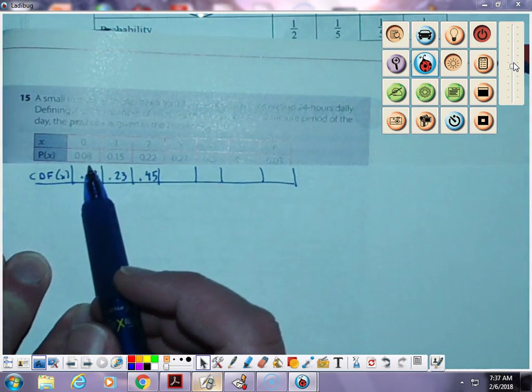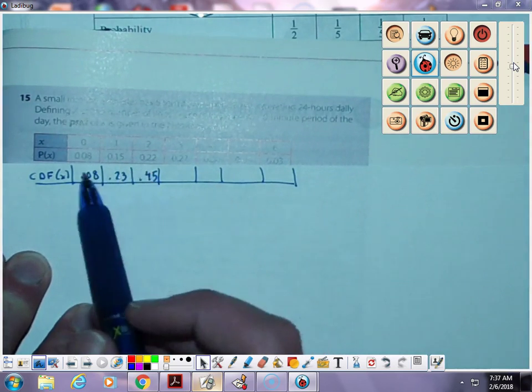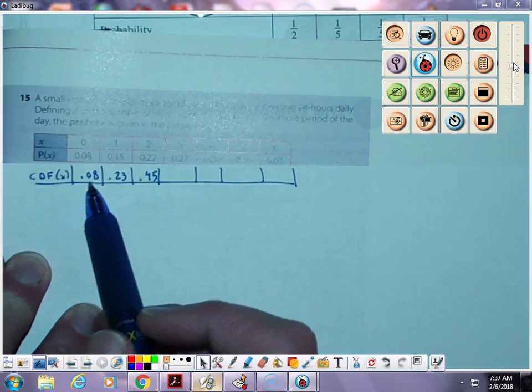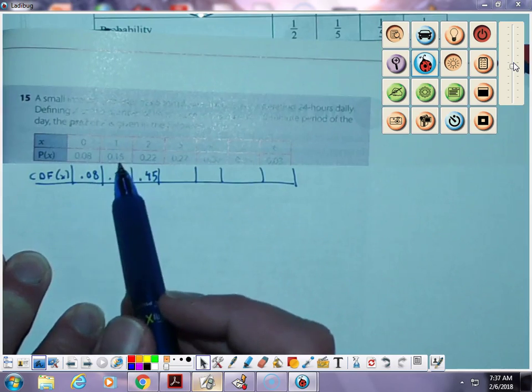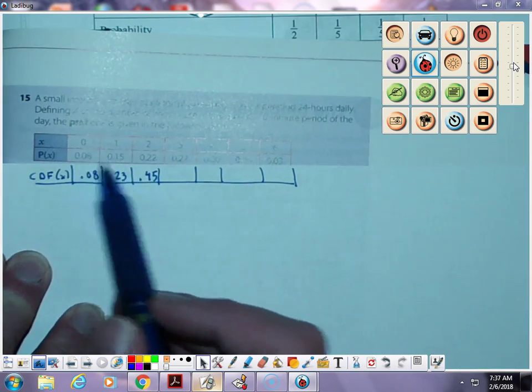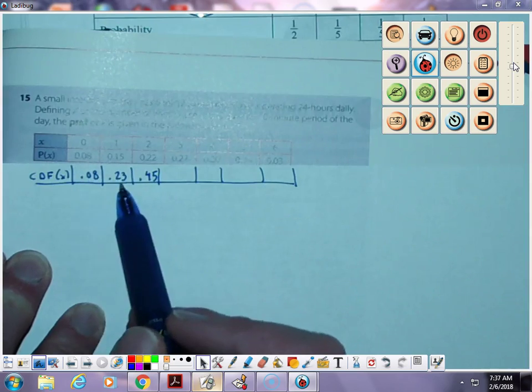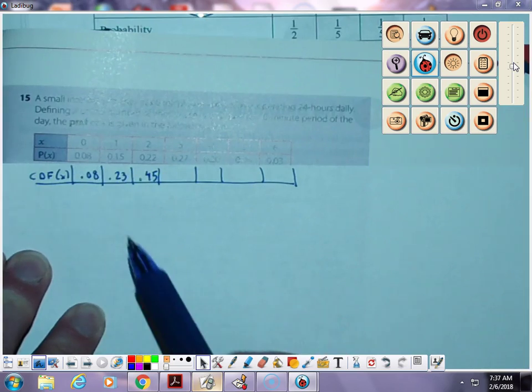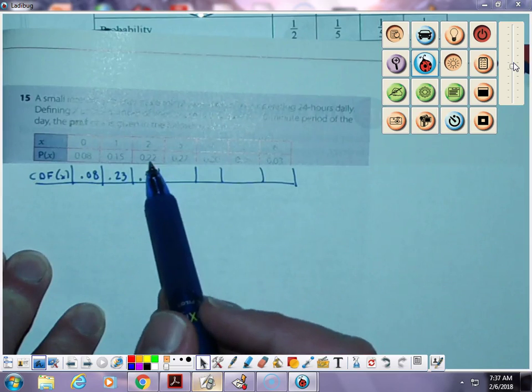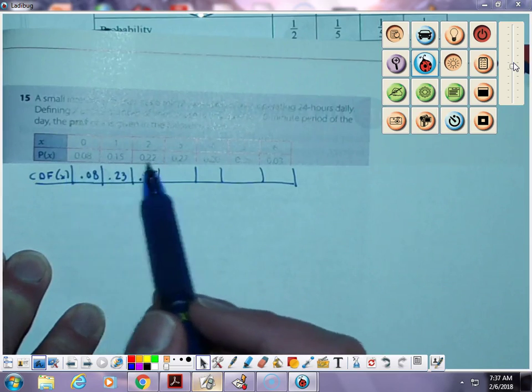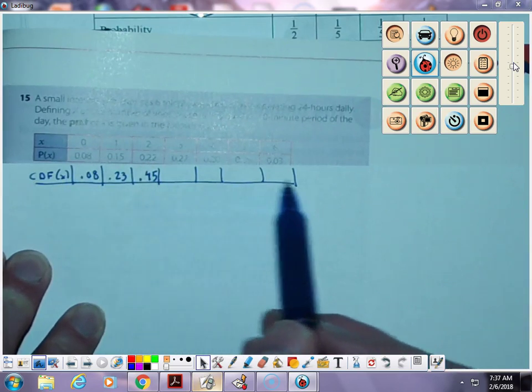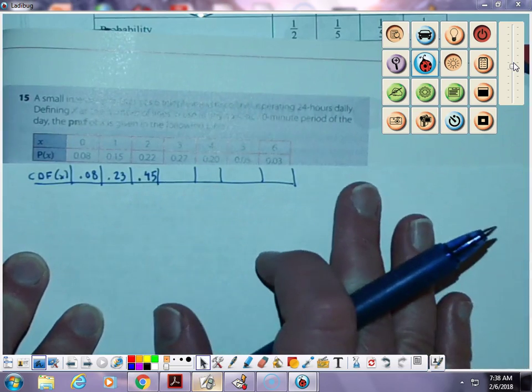Okay, so this is 0.08, this is 0.15, this is 0.22. So the probability that you're less than or equal to 0 is 0.08. The probability that you're less than or equal to 1, you add these two, that and that, so I'm adding 0.15. And the probability that you're less than or equal to 2, you add all the ones prior to 2. And you just keep going like that. So that's the CDF.